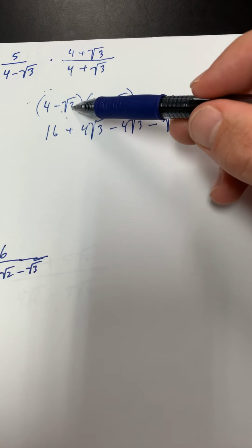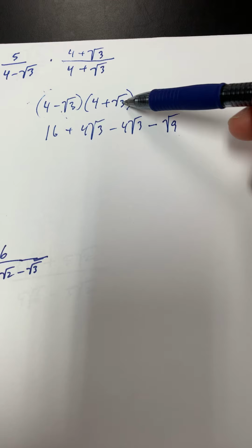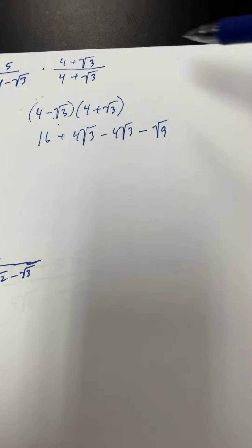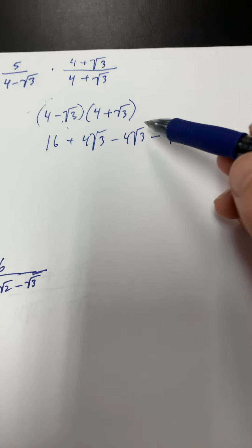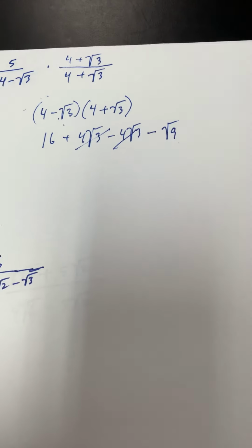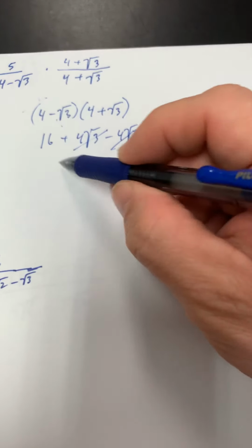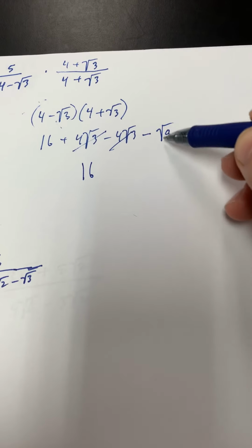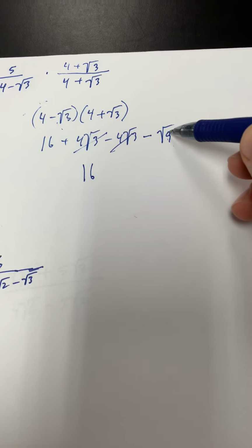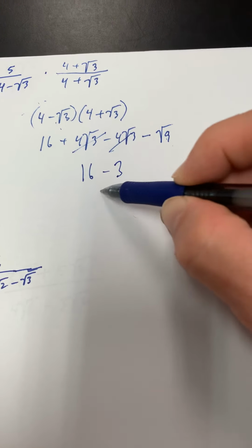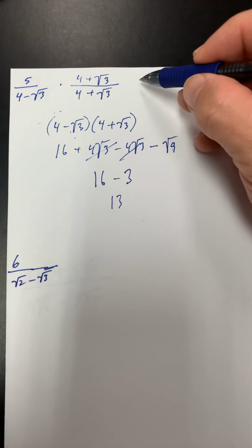So negative square root of 3 times positive square root of 3 gives you negative square root of 9. And so what ends up happening is the two middle terms cancel out. Then this reduces down to 16, and the square root of 9 is 3, so you have negative 3, which gives you 13 in the denominator.